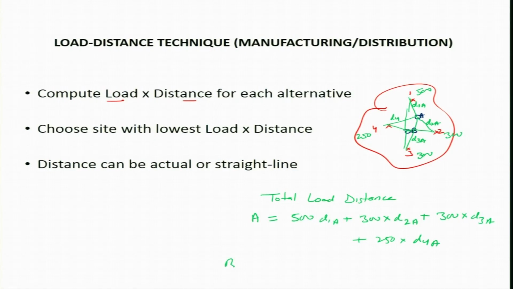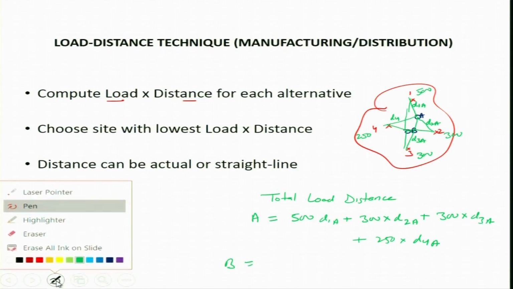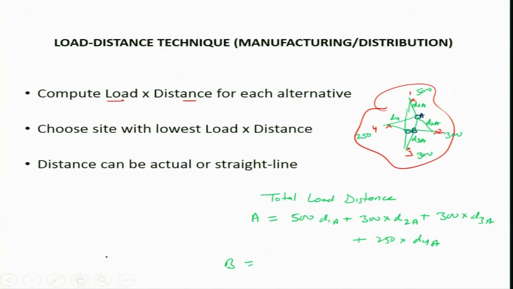And similarly for location B, it will be 500 into D1B plus 300 into D2B plus 300 into D3B plus 250 into D4B. So, like this.